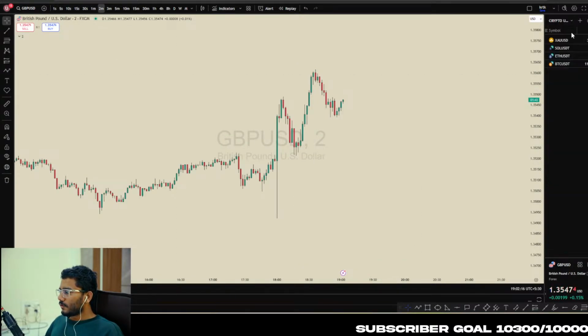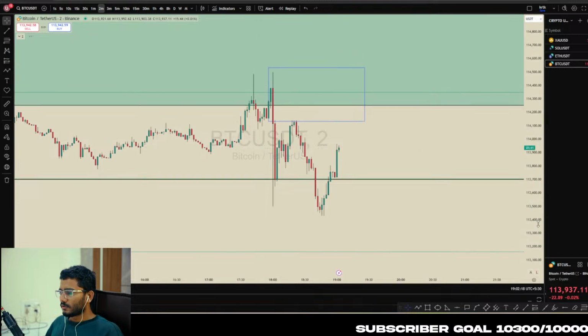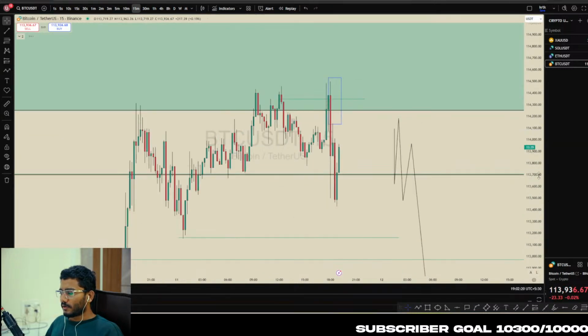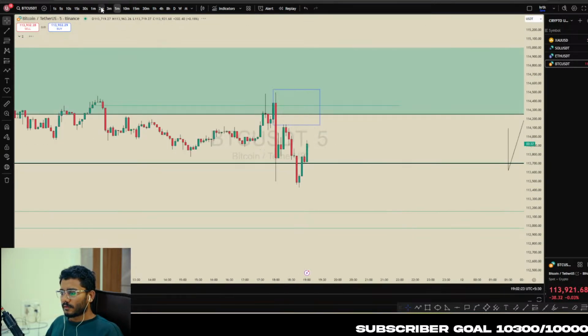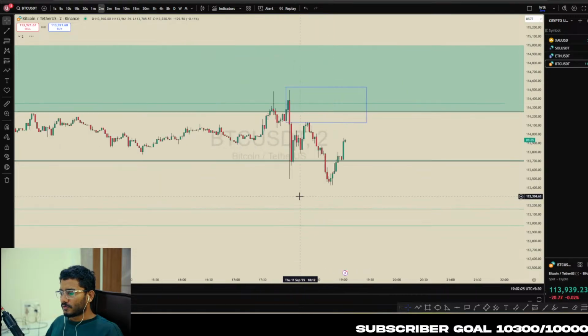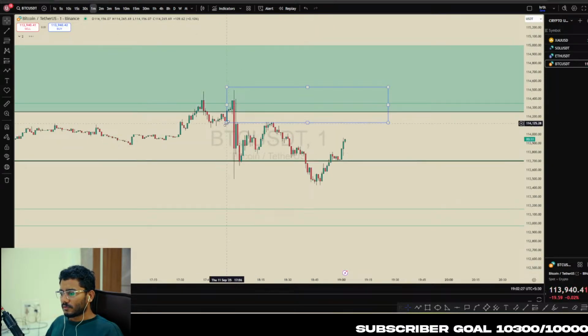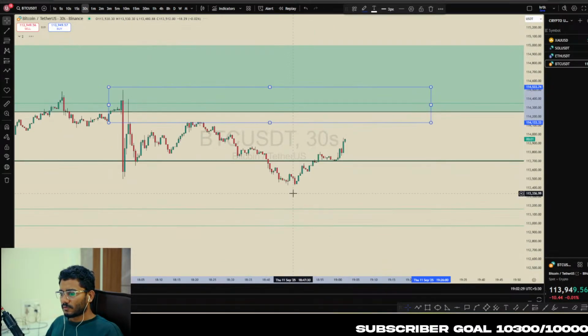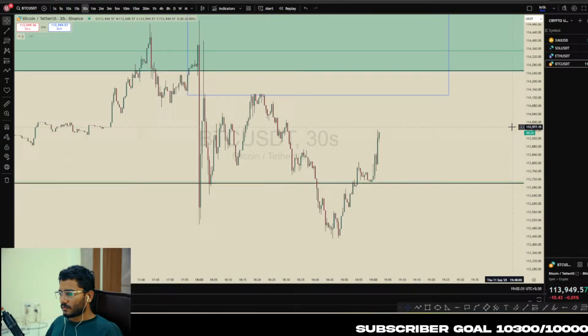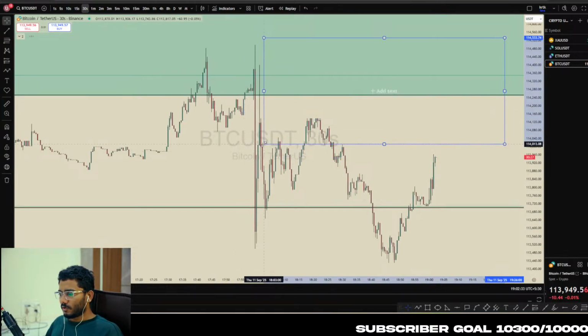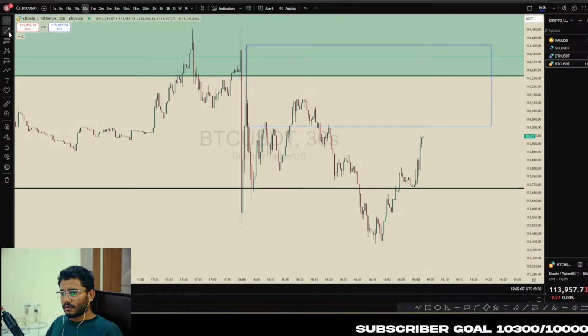Let's look at BTC. Then rejected. If you look at this order block, this has already been mitigated over here. And this is the inducement of this high in a structure break to the downside.